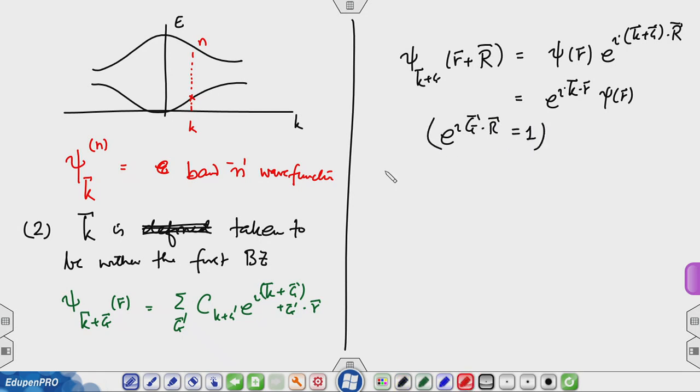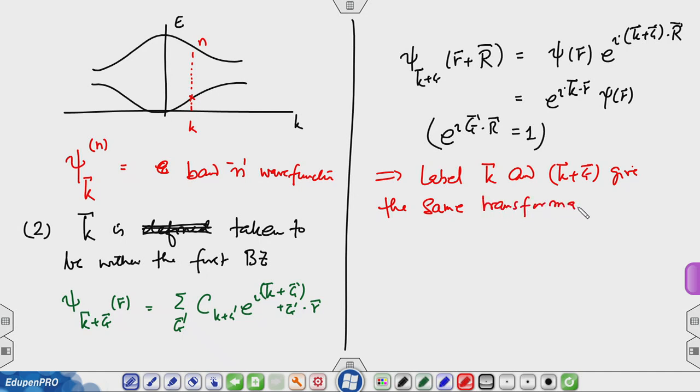And this implies the labels k and k plus G give the same transformation property of psi_k(r). So, I can label it by k, I can label it by k plus G or whatever, it does not matter.